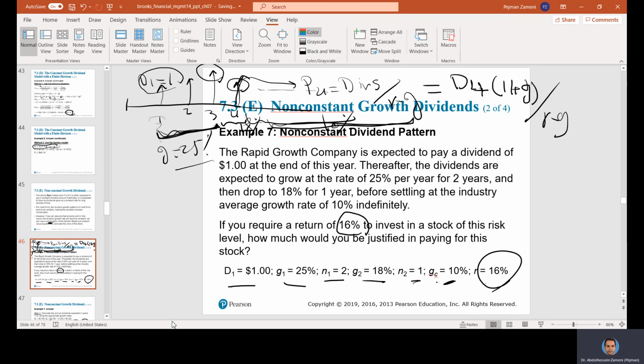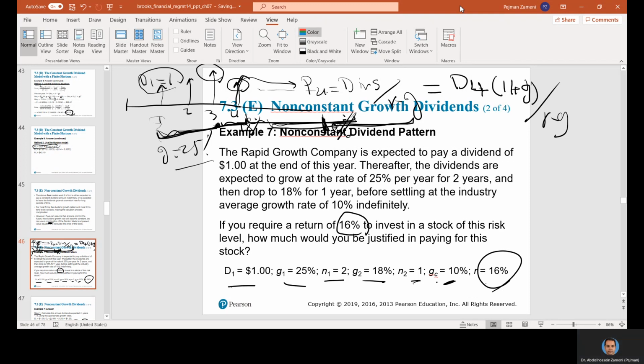And then it drops to 18%, meaning from year 3 to year 4 the growth rate is going to drop to 18%, before settling at the industry average growth rate of 10% indefinitely, meaning after year 4 the growth rate forever would be just 10%. If you require a return of 16% to invest in a stock of this risk level, how much would you be justified in paying for this stock?